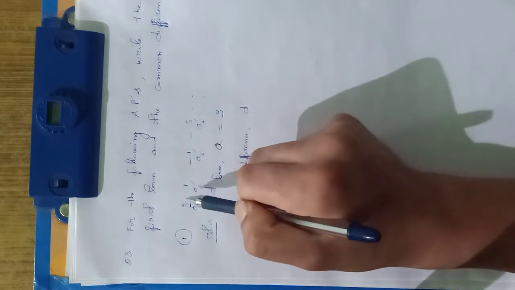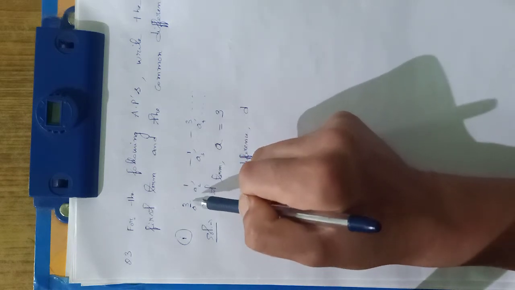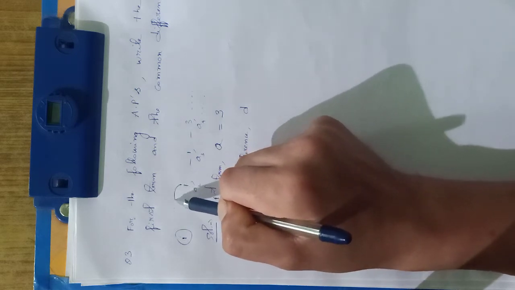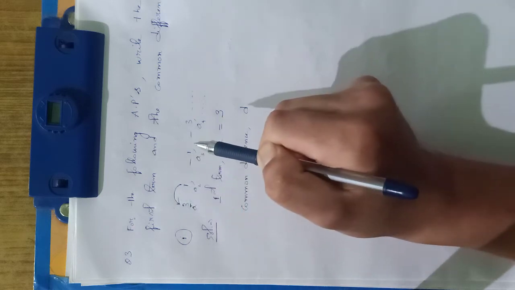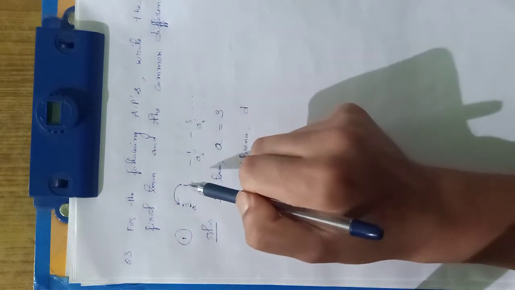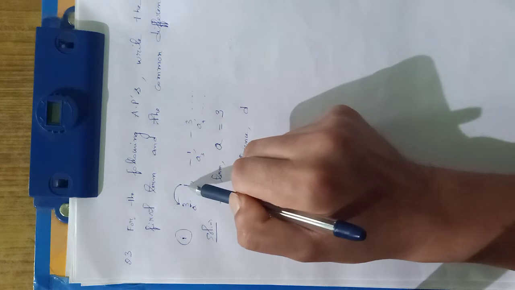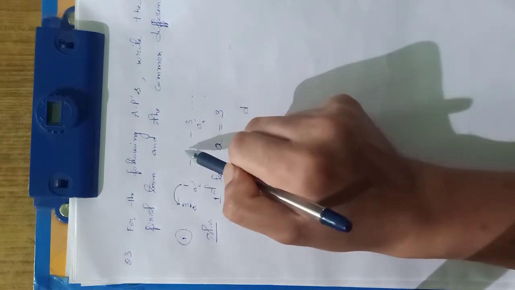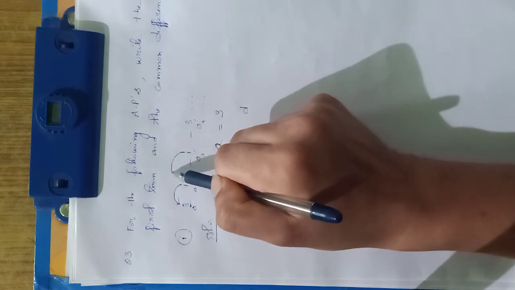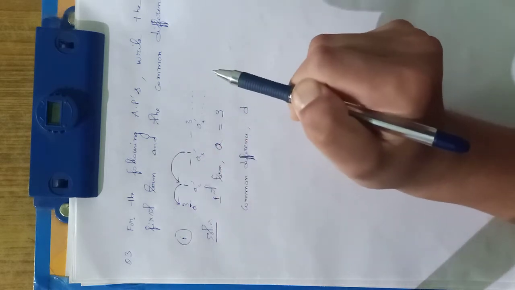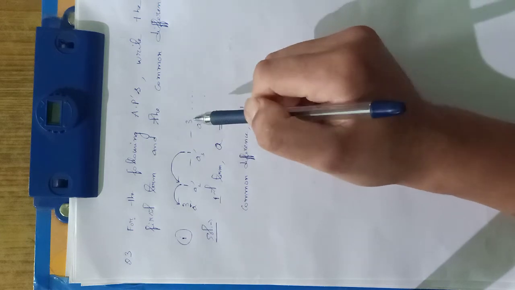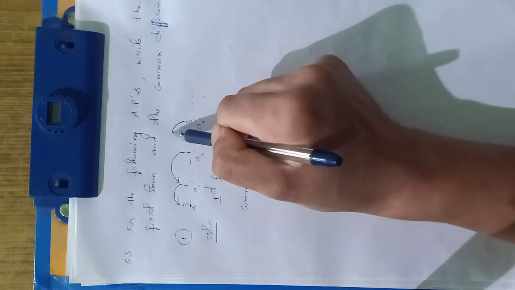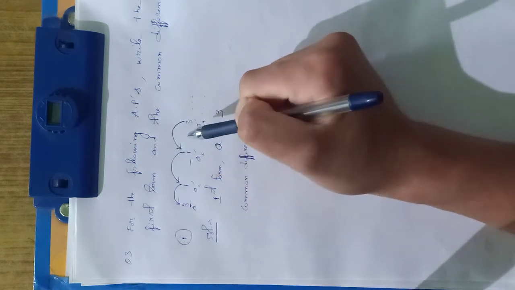But the subtraction goes, suppose if you are choosing the first term and the second term, then you have to subtract second term minus first term. If you are going to subtract the next two terms, that is the second term and the third term, then we have to follow third term minus second term. And if you are to subtract the next two terms, then we have to subtract the fourth term minus third term. Every term must be subtracted with its preceding term.